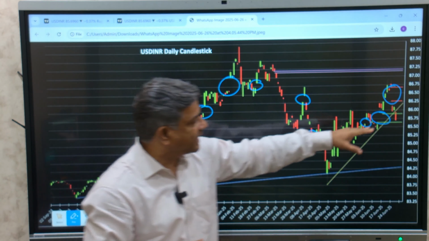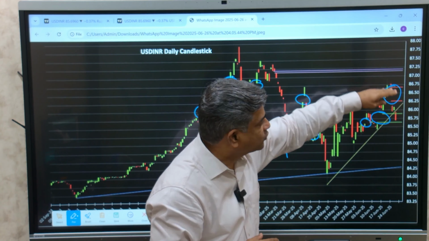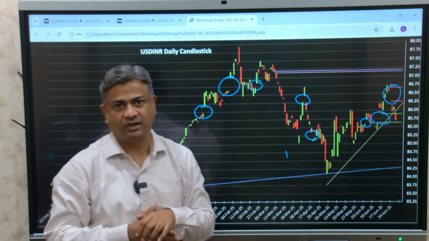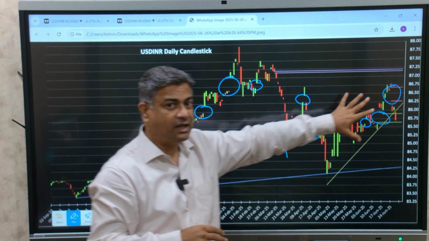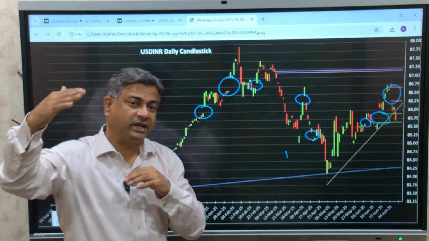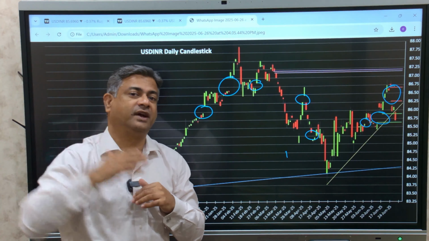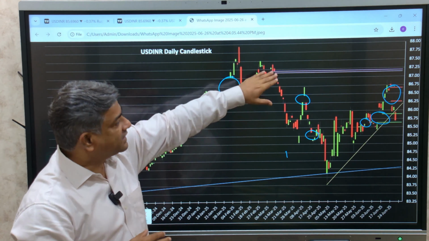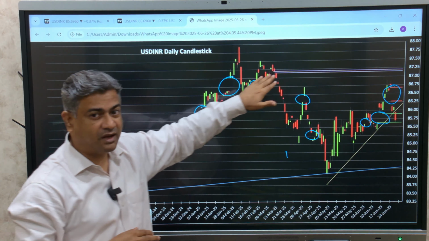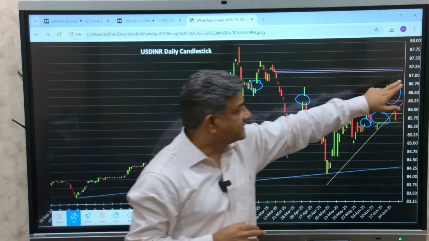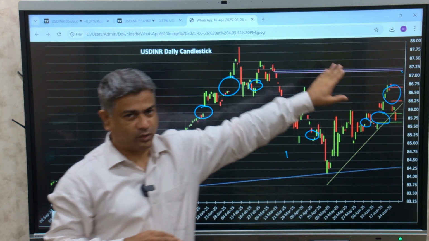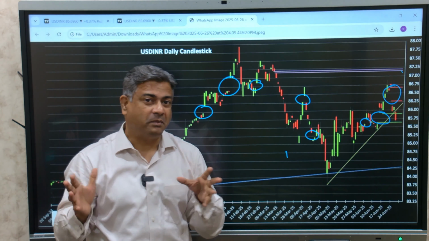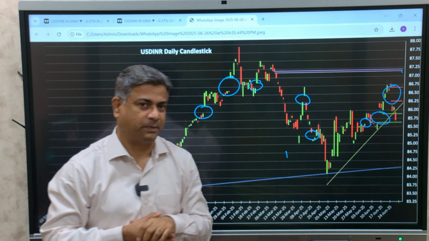So there is a big gap between 86.25 to almost 86.60, 86.65, almost a 35, 40 paisa gap. That gap is unfilled. Remember, it is 86.25 to 86.65 levels. Then the other small gap which has been unfilled since a very long time is a small gap around 87.18 to 87.20. Quite far off, but remember, these gaps tend to fill up.